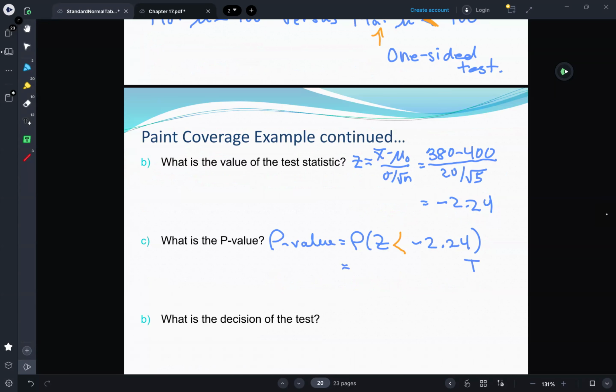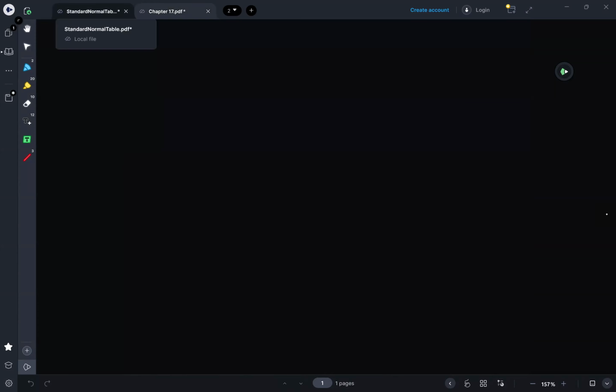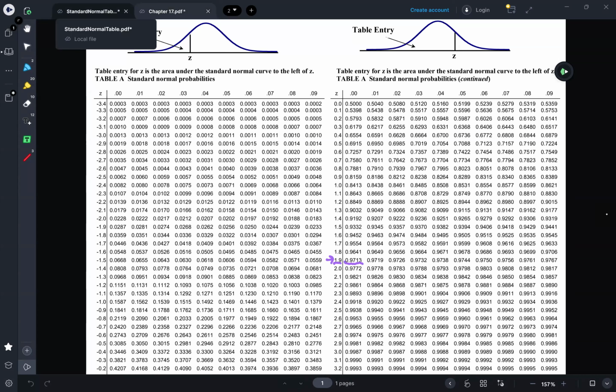And so we're going to just get that value. Just use the table, negative 2.24. Okay, where is negative 2.24? How does that look?